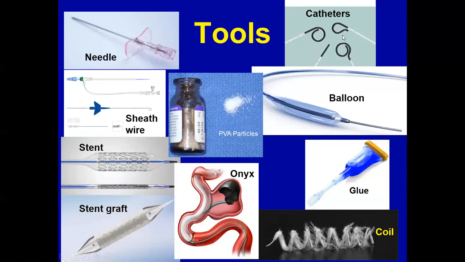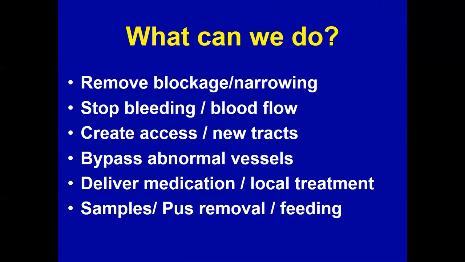All right. So what we generally do is we can either remove a blockage or narrowing from the patient. We can stop the flow of the blood inside the patient. We can create access. I'll show you examples in a minute. And we can bypass abnormal vessels if they are causing problems.